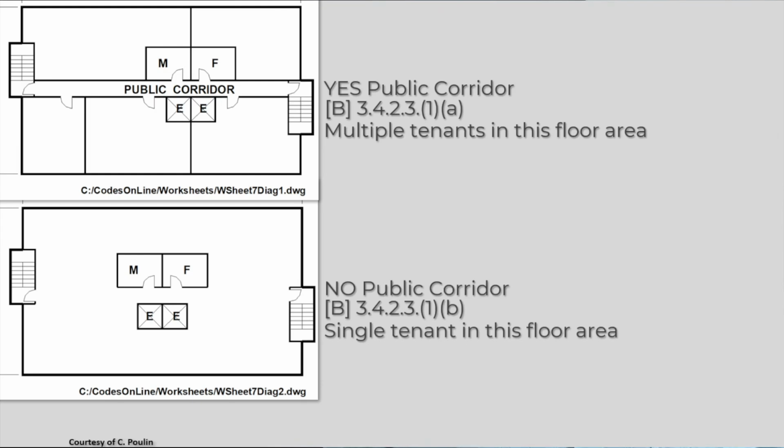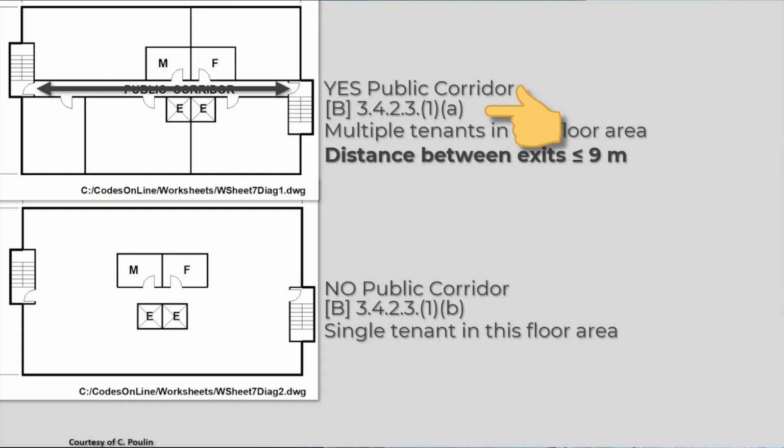So multiple tenants in a floor area, whereas the bottom floor area with no public corridor relates to areas that have a single tenant in that floor. That's the main difference between spaces that have and don't have a public corridor for exit distances. So for the floor area that does have a public corridor, what clause 3.4.2.3(1)(a) says is that the distance between exits cannot be more than 9 meters.